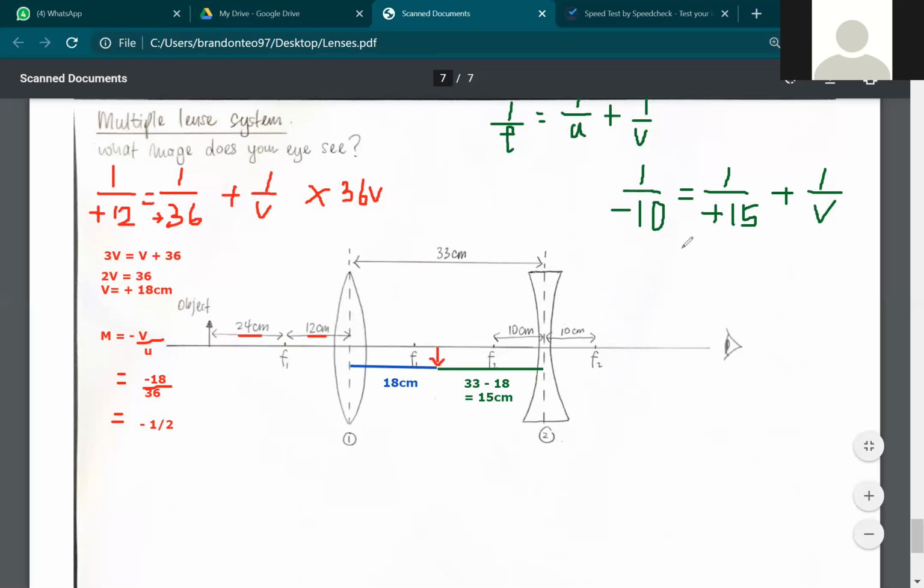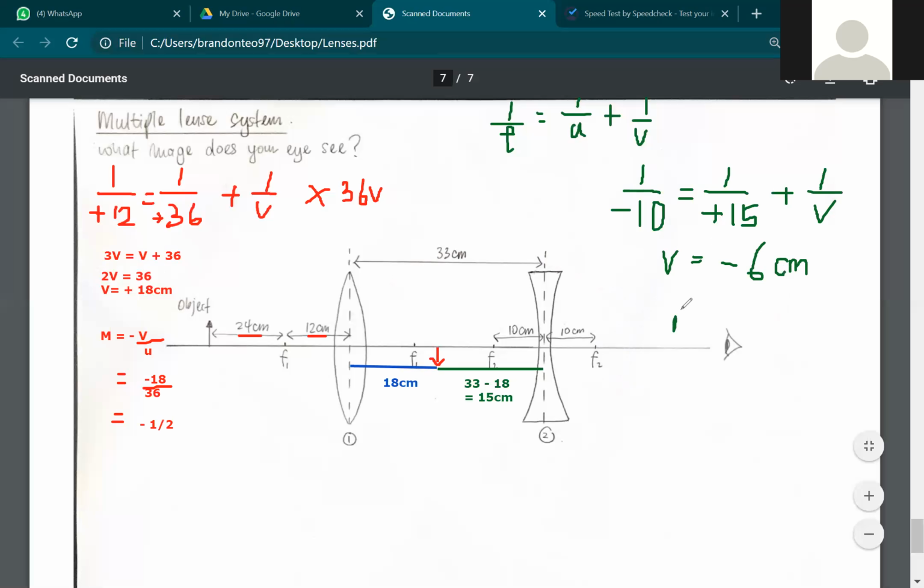Now I'm calculating v. I'll just write down the answer here. The calculation is not complicated. You will get v as minus 6 cm.